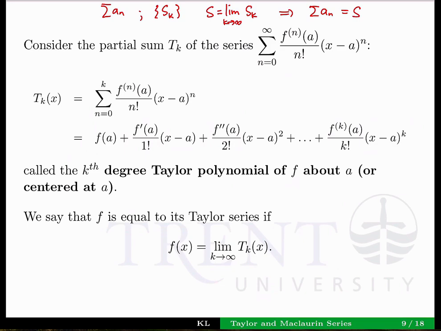So it's very much similar to that one here. Okay?